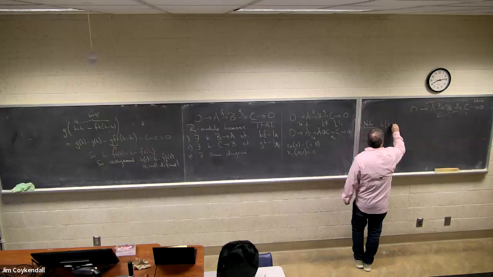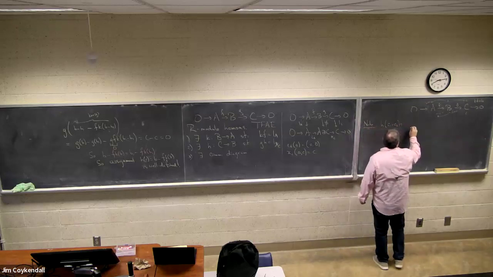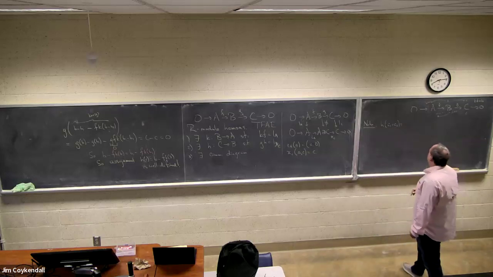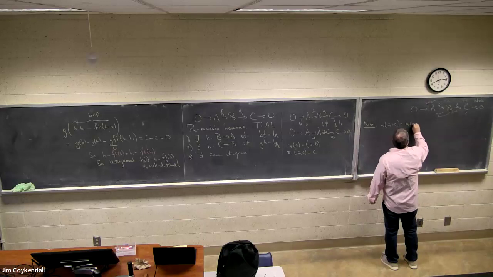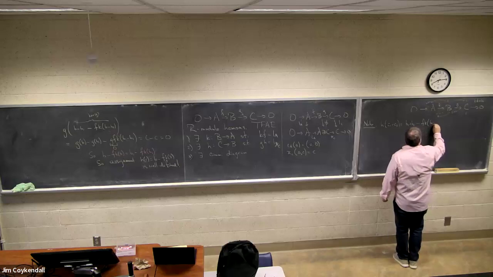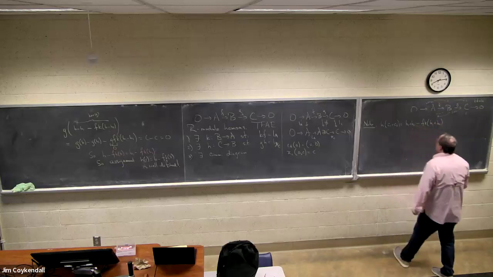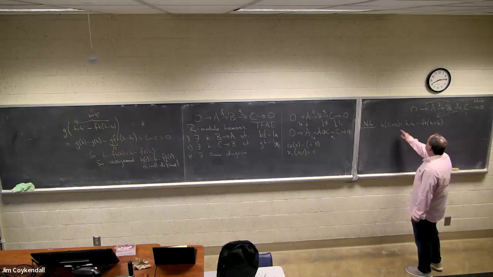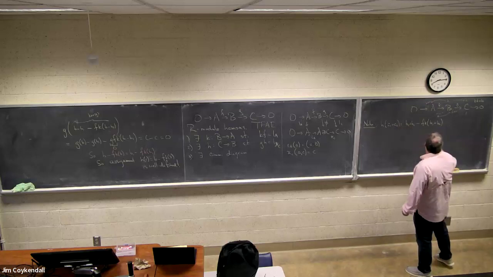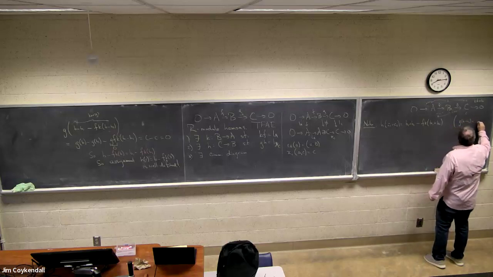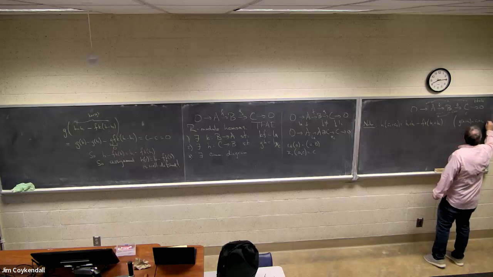H of C1 plus C2 is equal to B1 plus B2 minus FK of B1 plus B2, where B1 plus B2, I'll add parentheses.